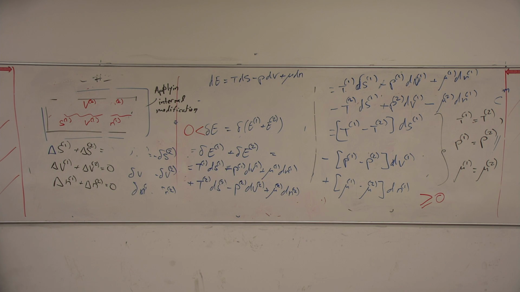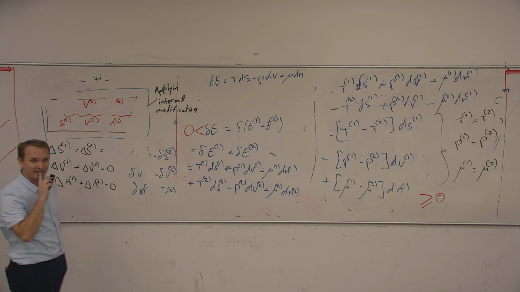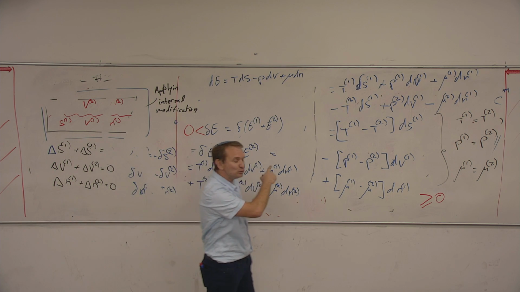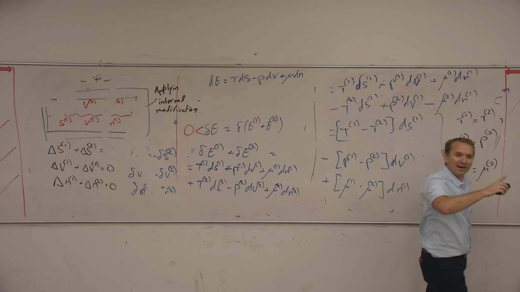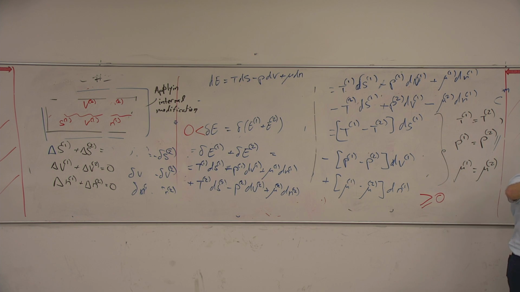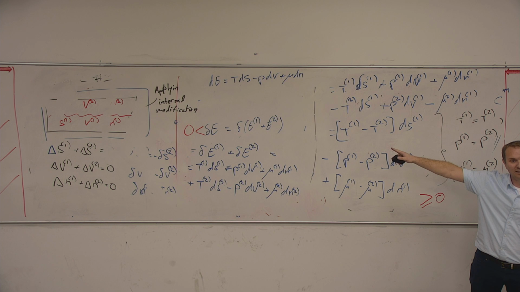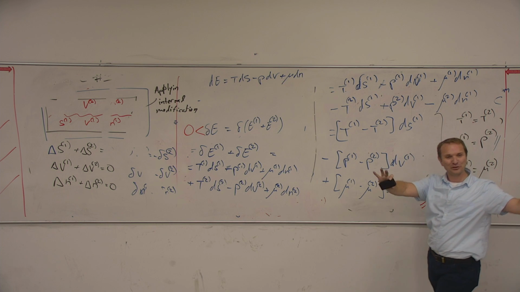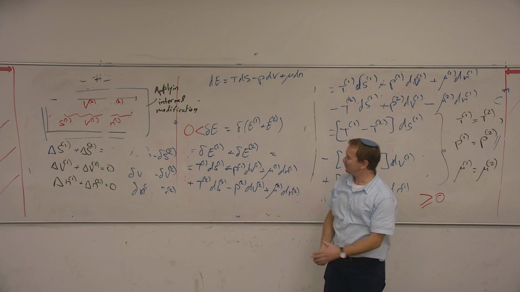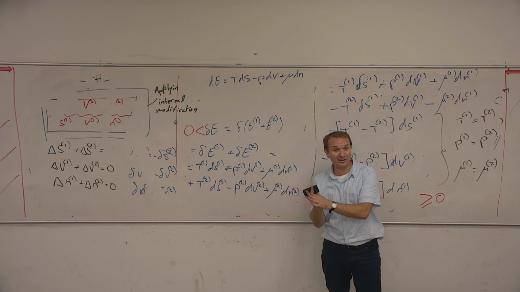Yes? If I added some internal modification, shouldn't the entropy decrease? But I'm not looking at the entropy. Yeah, but entropy will decrease if I'm keeping my energy constant. I'm not keeping my energy constant. You see, I can keep different kinds of things constant. Sometimes I decide to keep energy constant.